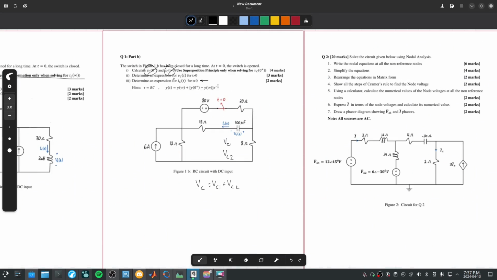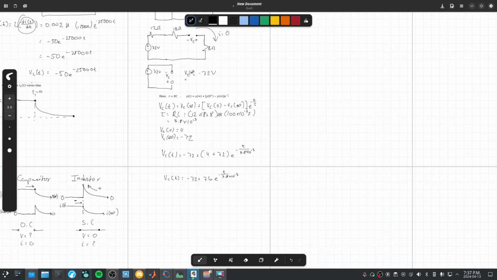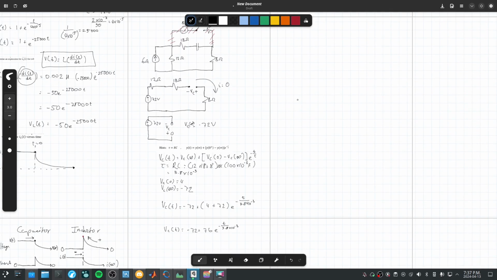So we found VC(t) for time bigger than 0. So now we need to find current as a function of time. All right, I'll screenshot it for you.